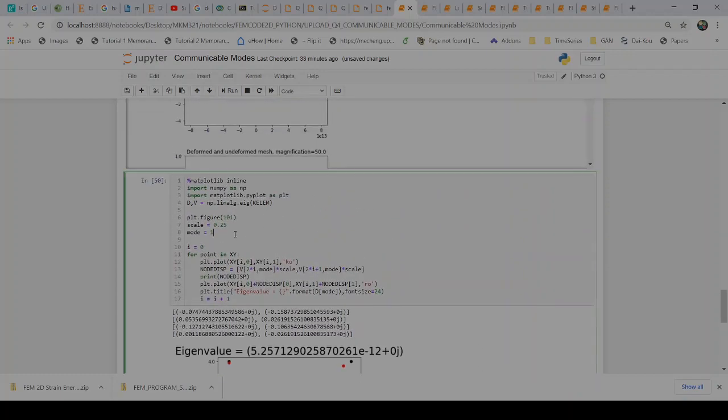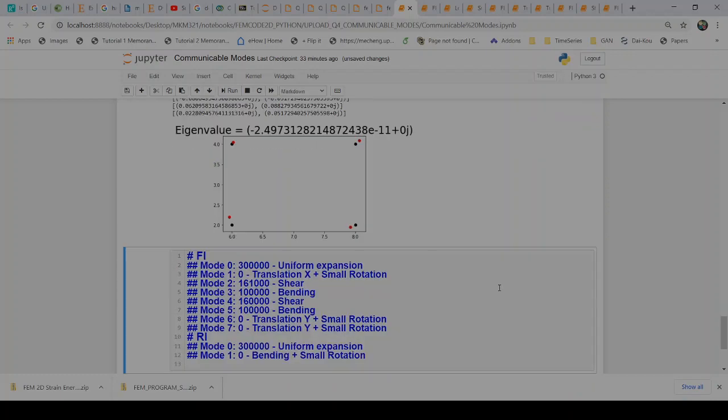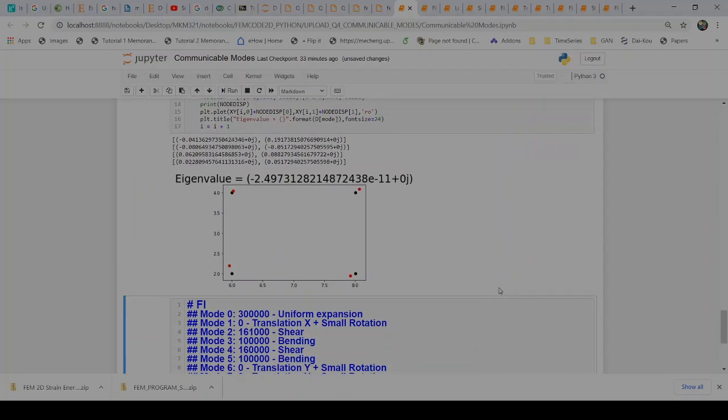If I say mode 2, what's happening here? Another zero order mode. So let's look at what's going on here. This point is going up, this point is going down, this point is very similarly, and this one's going up.